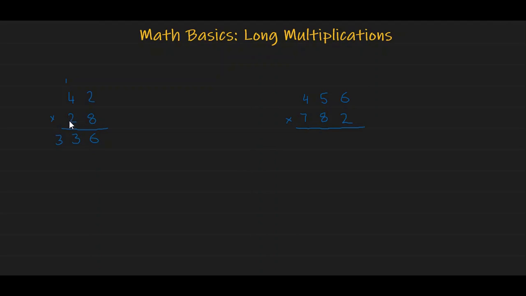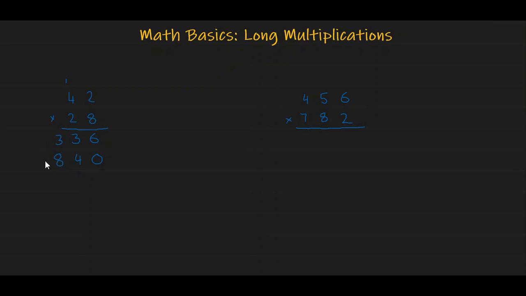Now you are multiplying 2 with both these digits, but because it's in the 10th place, you would put a 0 down here and then start. 2 multiplied by 2, 4. 2 times 4, 8.